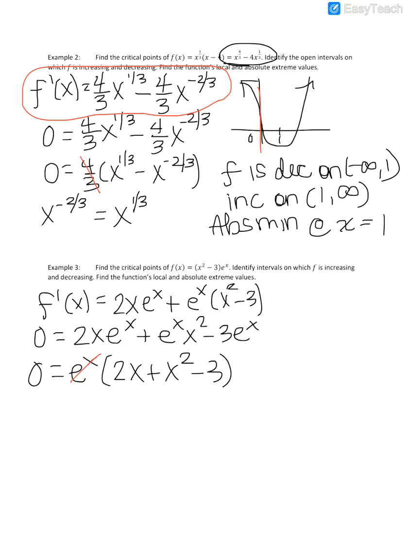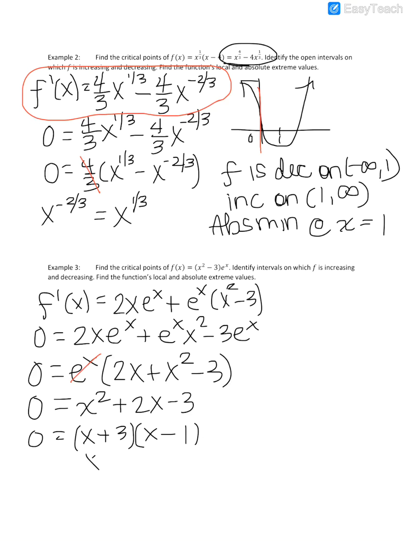All right, so on the other side of this, it's a quadratic. And that means I should try to factor it. x plus 3, x minus 1. Okay, so these are my critical points.